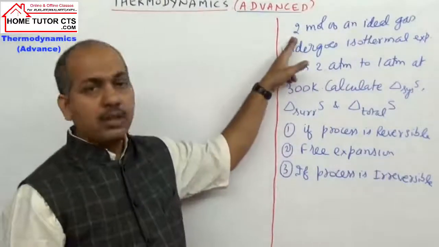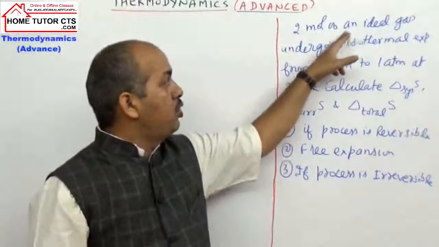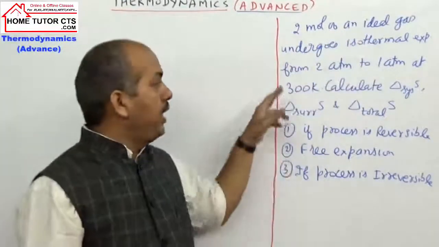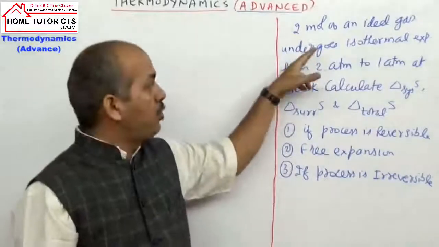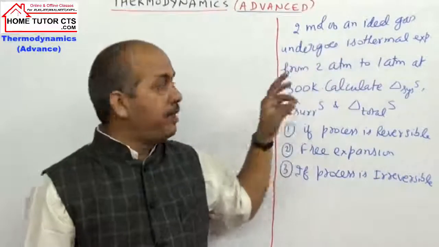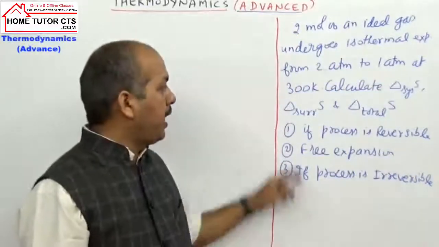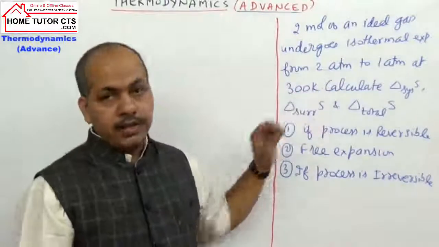2 moles of an ideal gas undergo isothermal expansion from 2 atm to 1 atm at 300 Kelvin.